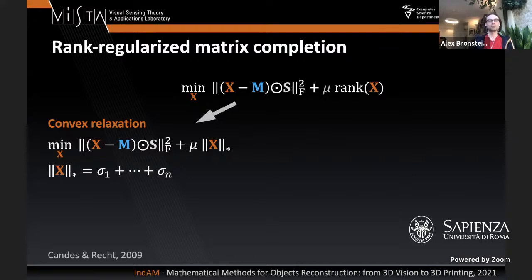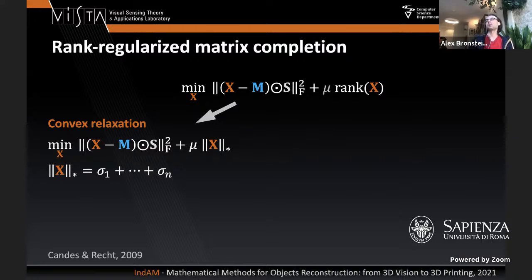And due to seminal works by Candes and Recht a decade ago, there is actually a very efficient proximal descent type of algorithm that uses SVD shrinkage. It essentially takes the SVD of the matrix, it shrinks the entries, and then reconstructs the matrix.